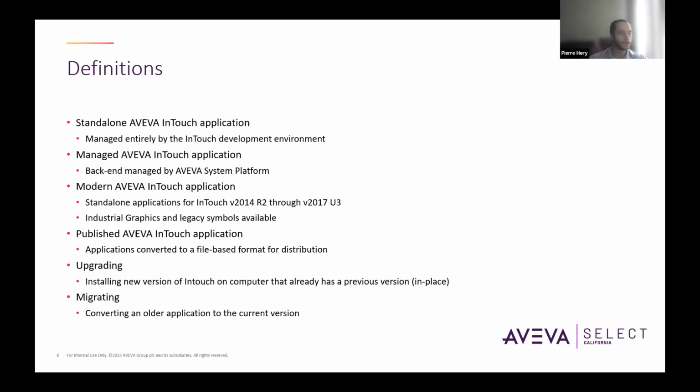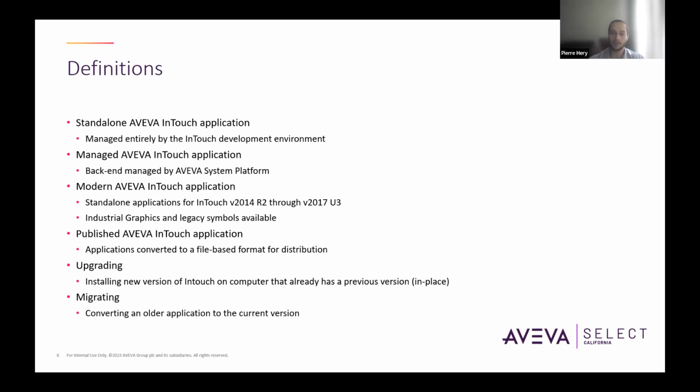And to wrap up the terminology here, in this webinar I might throw around the words upgrade and migrate a little interchangeably. To be clear, I'm using them to refer to the modernization of an InTouch application, so going from an older version to a new version. But there is technically a difference in their definitions. Upgrading refers to installing a new version of InTouch on a computer that already has a previous version, so you're removing the old version in the process.